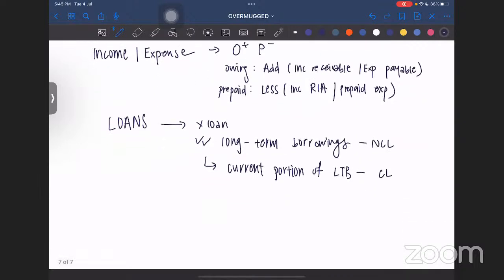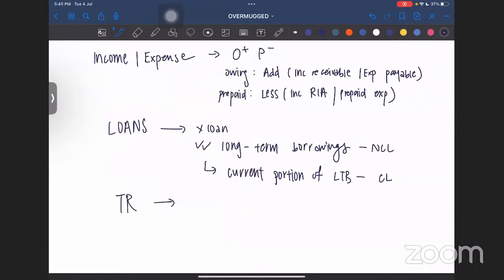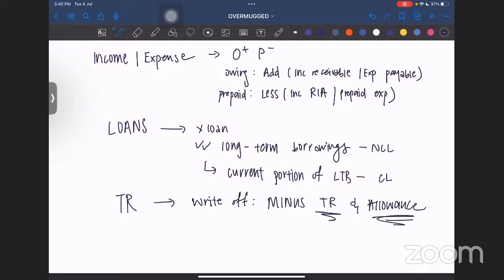And for TR, your write-off, you need to remember that you will have to minus TR and allowance. You always just minus these two. Minus off.